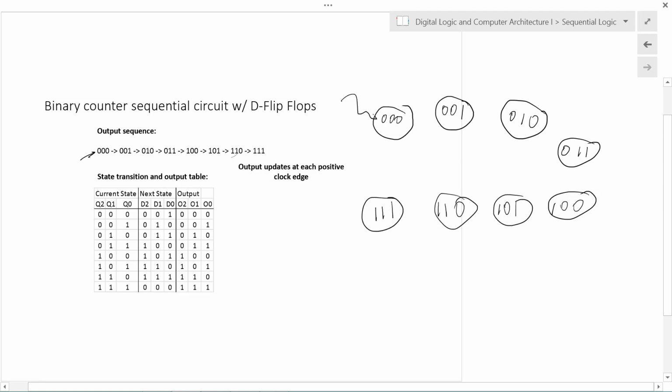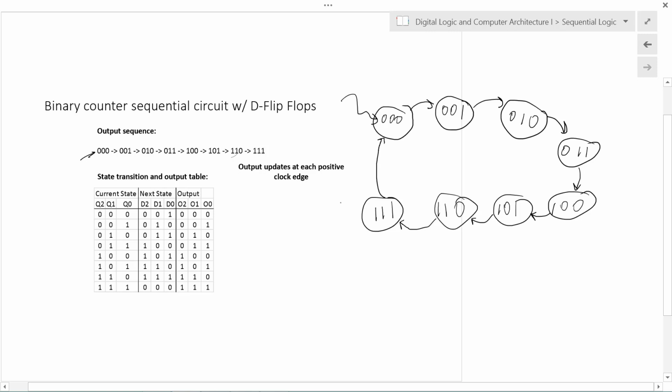We start in state 0. Then we cycle from 0 to 1, 1 to 2, 2 to 3, 3 to 4, 4 to 5, 5 to 6, 6 to 7, and 7 back to 0.